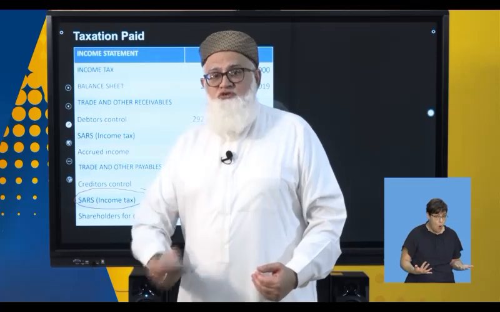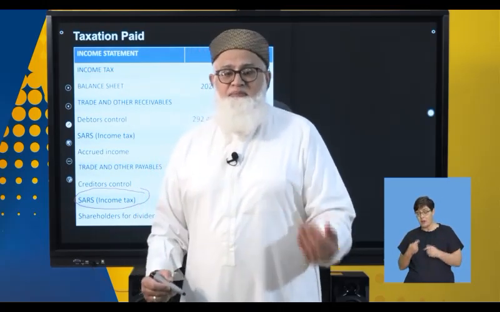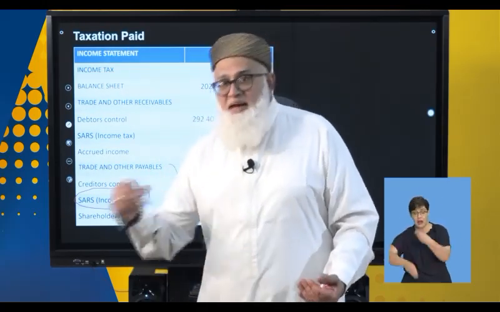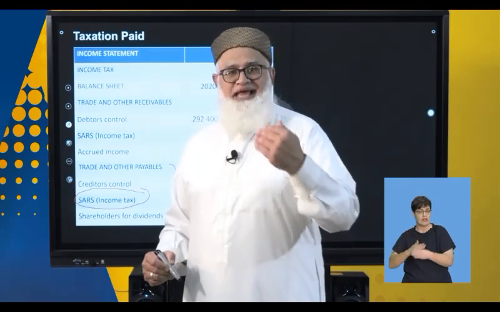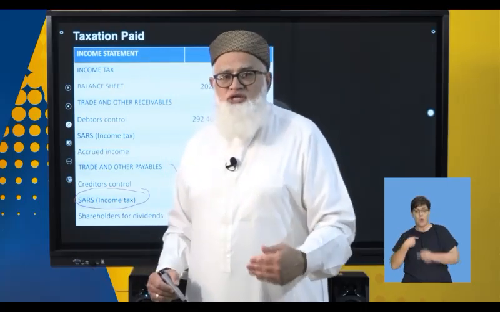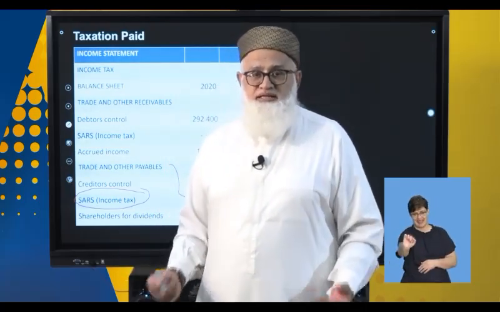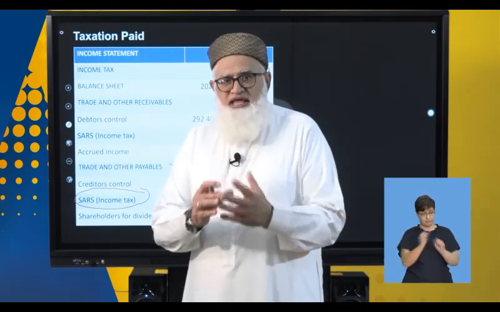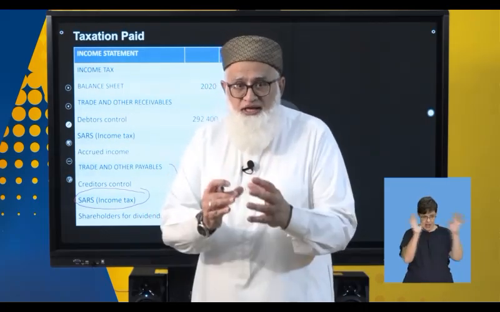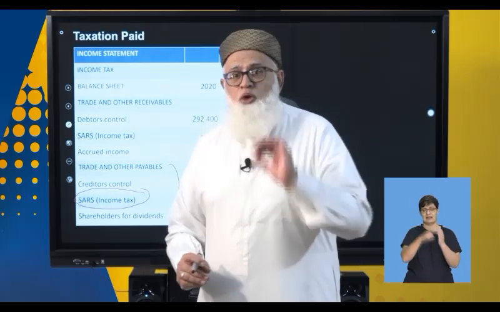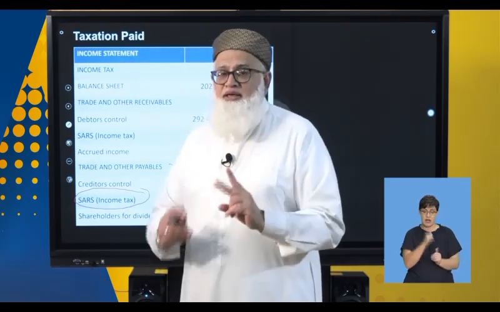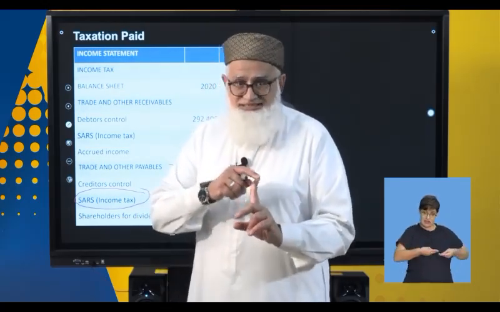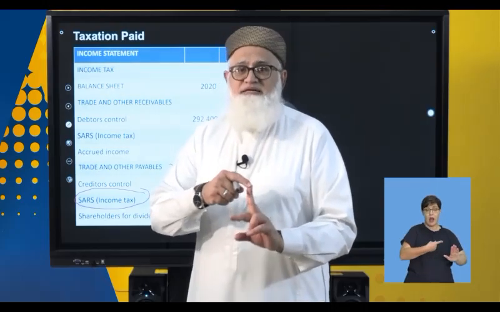Or if it ends off with a credit balance, then it appears under trade and other payables. Reason, it's a liability. We still owe SARS an amount of money that's due to them. So please have your wits about you when you're looking at SARS income tax. It will always either appear under receivables, debit balance, or payables, credit balance.